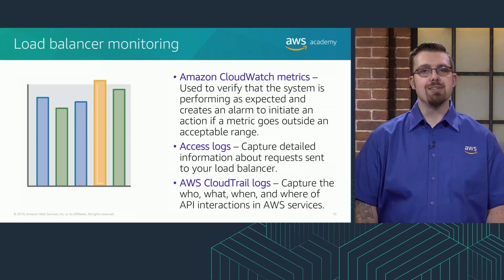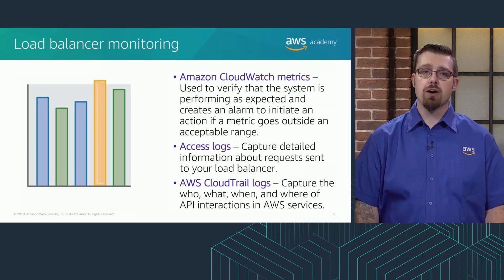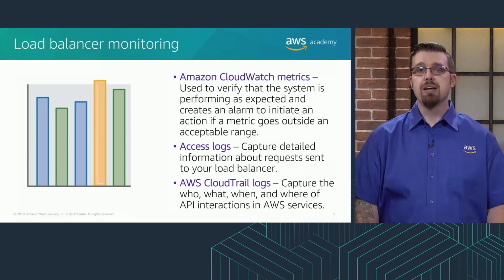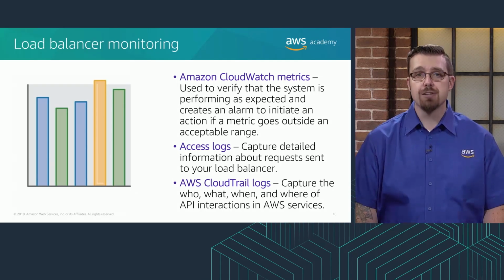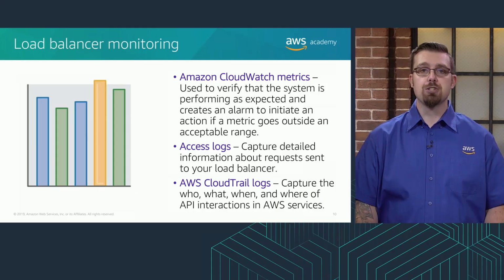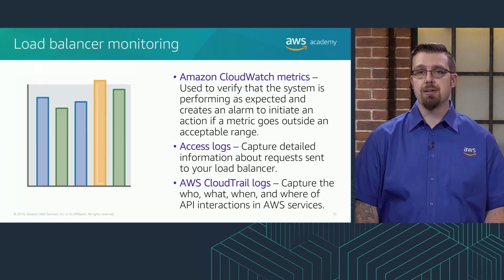There are a few ways that you can monitor your load balancers, analyze traffic patterns, and troubleshoot issues with your load balancers and targets. One way is to use Amazon CloudWatch metrics. Elastic Load Balancing publishes data points to Amazon CloudWatch for your load balancers and your targets. CloudWatch enables you to retrieve statistics about those data points as an ordered set of time series data, known as metrics.